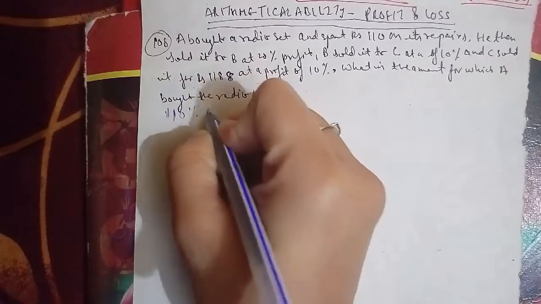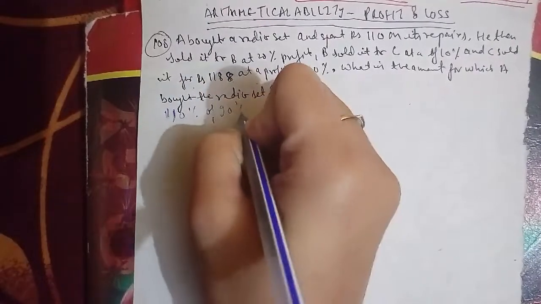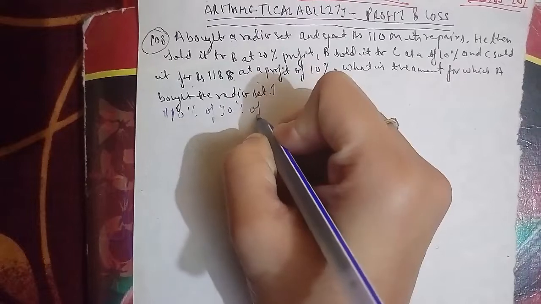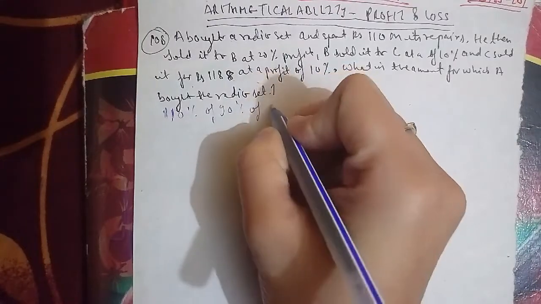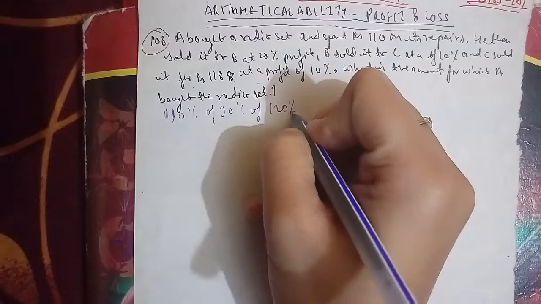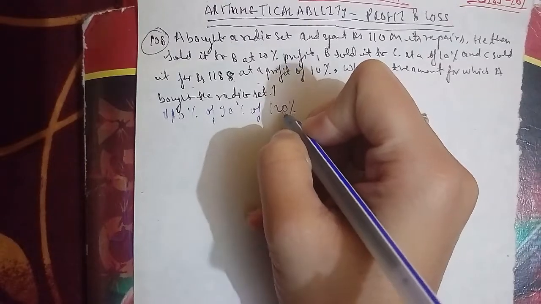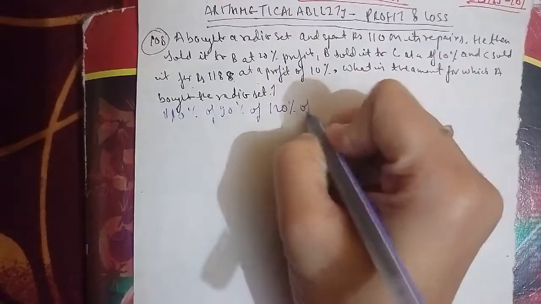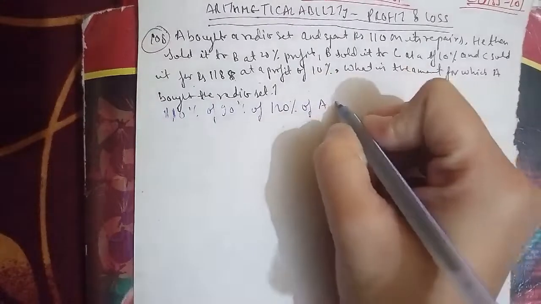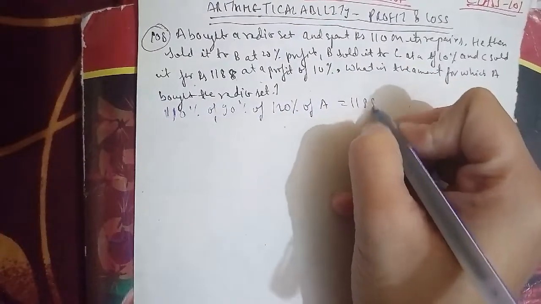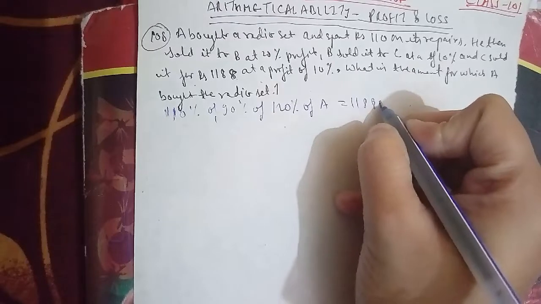110% of 90% of 120% of A is equal to 1188 that we have.